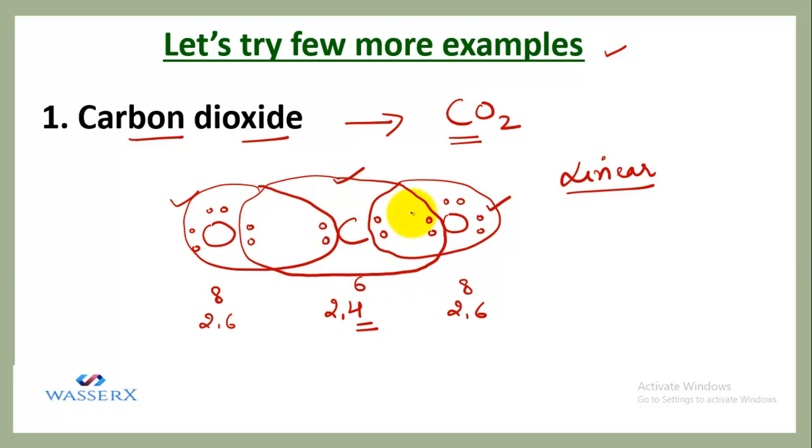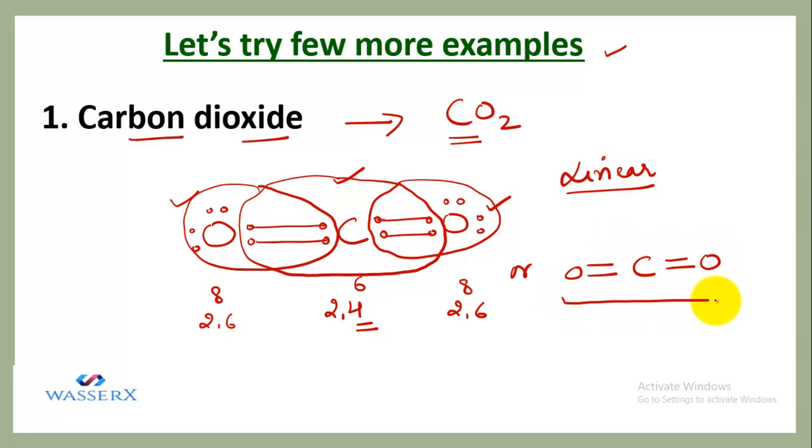So this is how you're going to show the bond formation. And now we can replace these dots by the shared pair lines also. As you can see, there are two shared pairs, so I can draw a double covalent bond with this oxygen. Similarly, we see a double covalent bond on this side also. So this is how the structure is formed. So I think you got it. And this geometry is called linear.